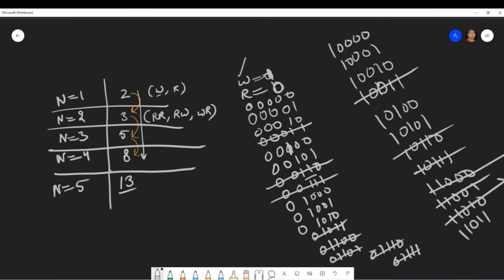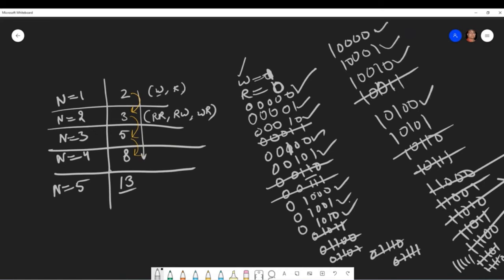So let's count how many patterns are valid: 1, 2, 3, 4, 5, 6, 7, 8, 9, 10, 11, 12, 13. So we have validated that our observation of Fibonacci was right, but this required workout.